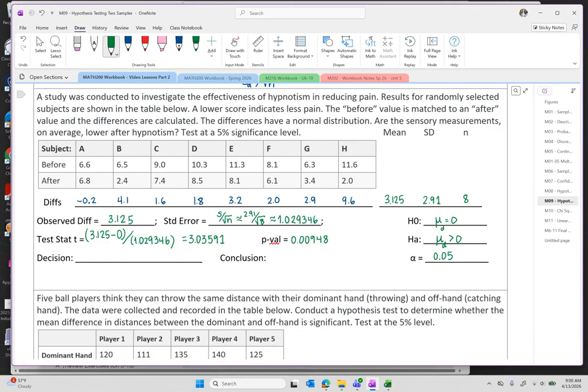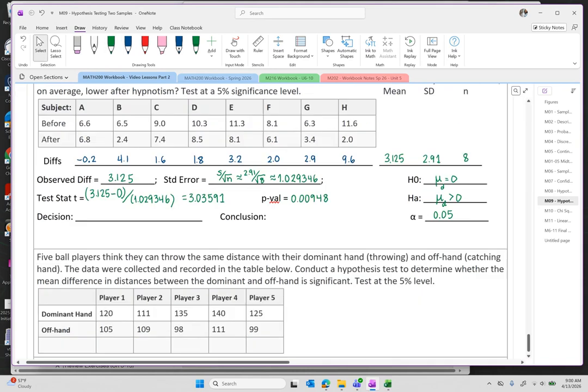So this sample of 8 differences actually is a very unusual sample if it comes from a distribution that assumes that the mean of the differences between pain levels before and after hypnotism will be 0. So my actual data is a very unusual outcome per the null hypothesis.